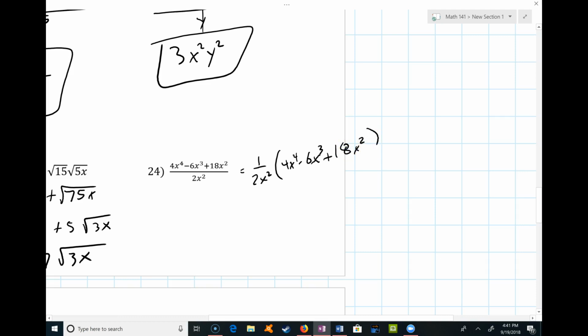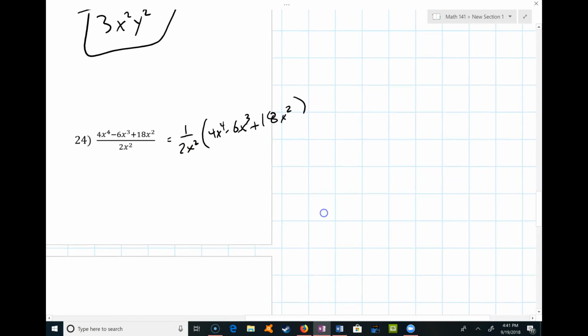So just like when I have a number outside multiplying, I can multiply this through. But really what I'm doing is distributing the division through, right? So technically I have 4x to the 4th divided by 2x squared minus 6x cubed divided by 2x squared plus 18x squared divided by 2x squared.